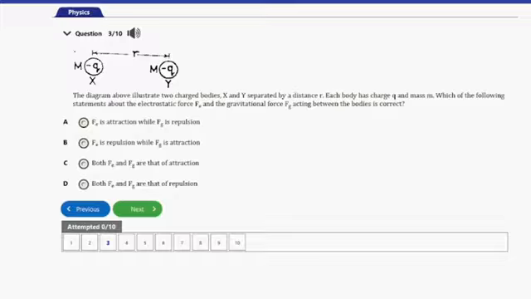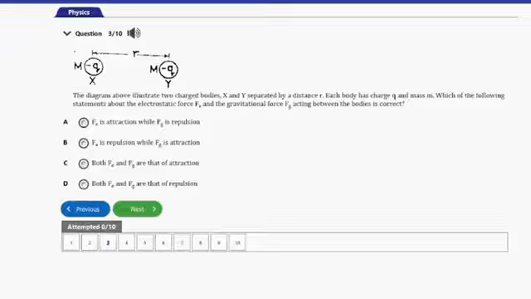Option A says Fe is attraction while Fg is repulsion. B, Fe is repulsion while Fg is attraction. C, both Fe and Fg are of attraction. D, both Fe and Fg are of repulsion. So guys, option B is the answer to this question. Fe is repulsion while Fg is attraction.